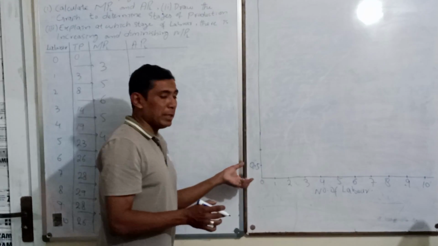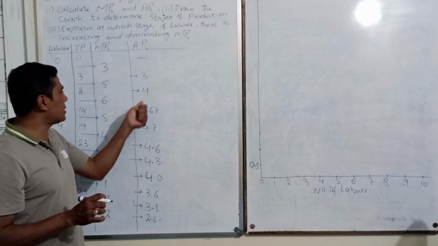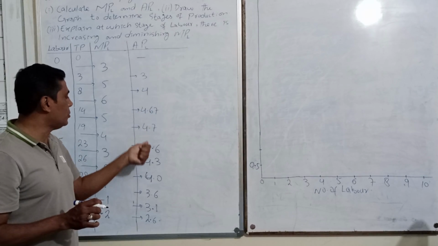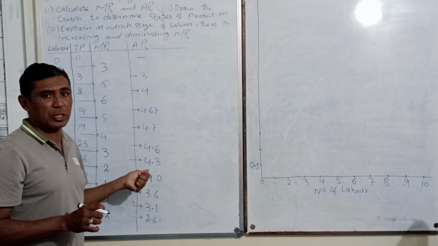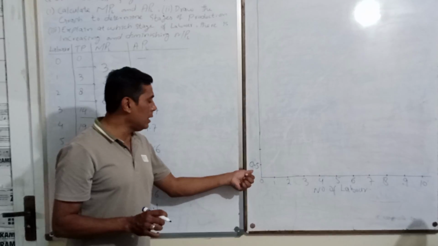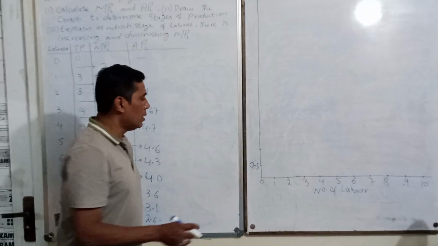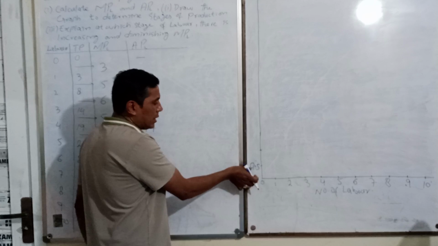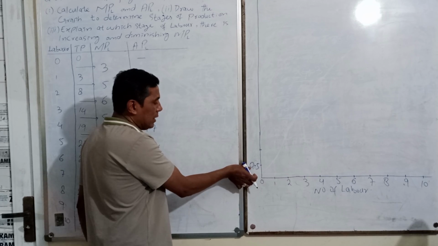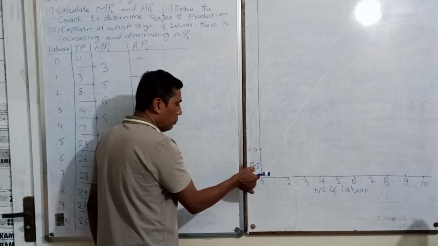Why am I taking decimals? Because you have decimal values in the case of average product of labor. So this distance is equal to 0.5, and the same equal distance is equal to 1.